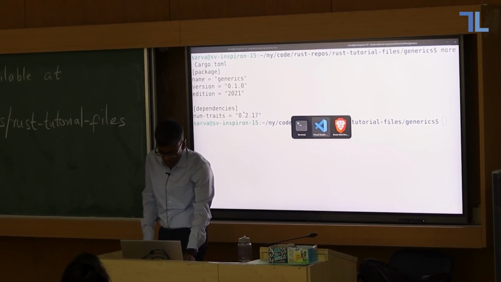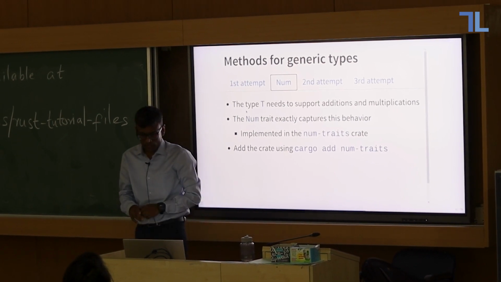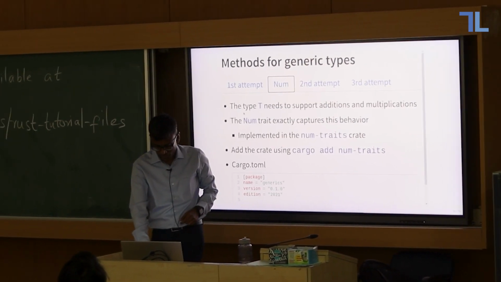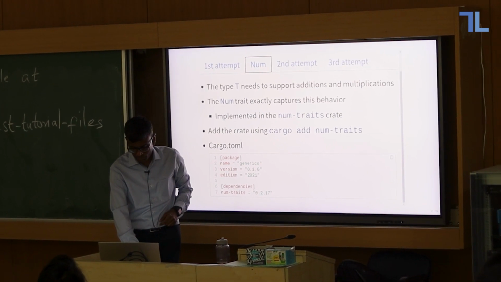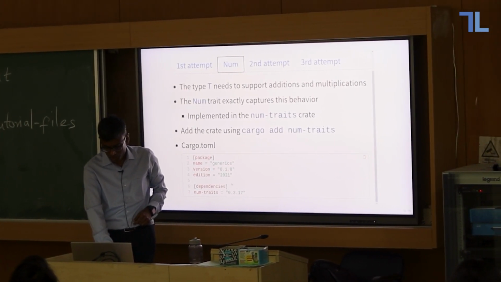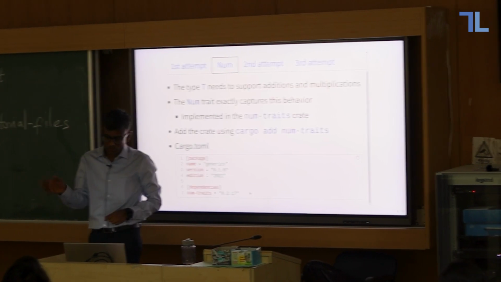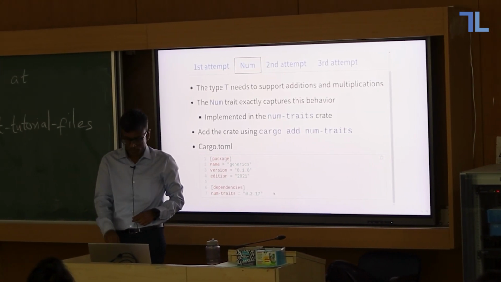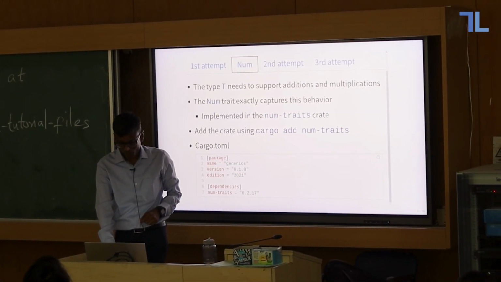Num is defined in that num-traits package. The reason I showed you cargo add is that you don't have to figure out the version number. Rust will figure it out automatically and fill that in for you.